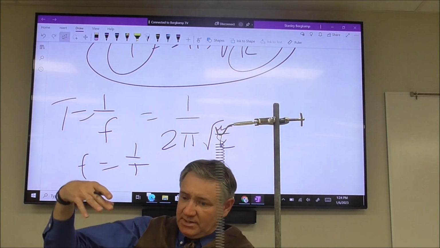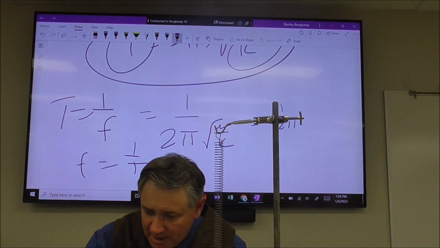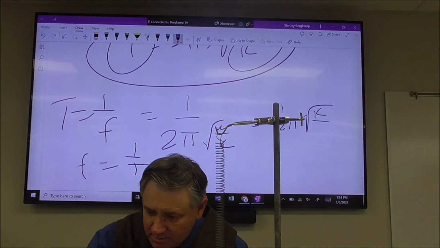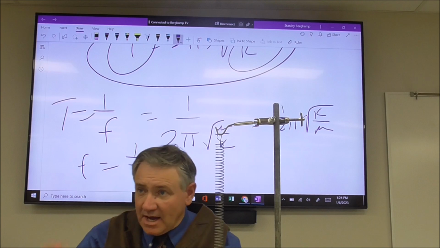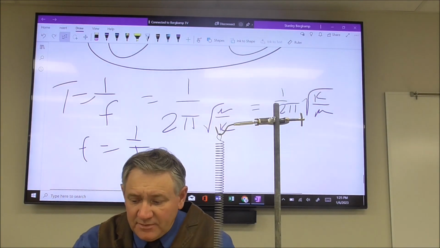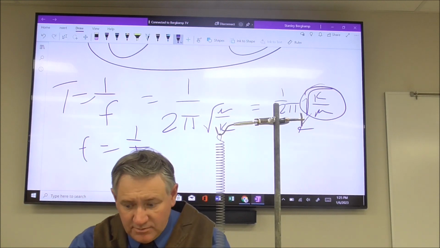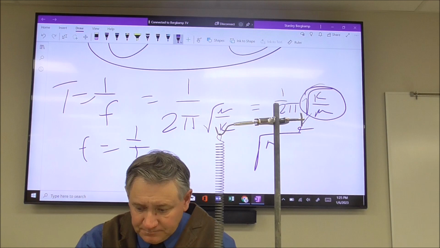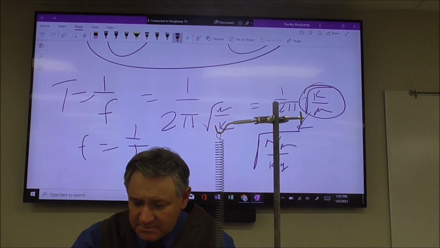Since that's underneath the radical, I can write that as 1 over 2 pi times the square root of k over m. This is why these are inverses of each other. Even if you look at this in terms of the units, that k value is newtons per meter, and that's going to be mass, which is kilograms.